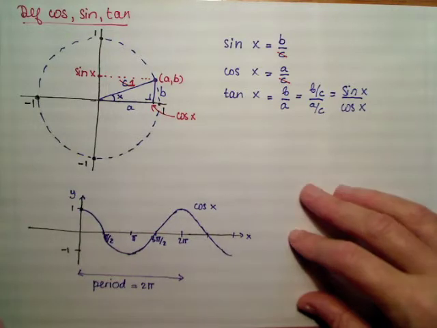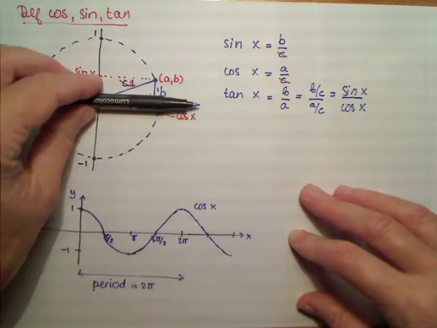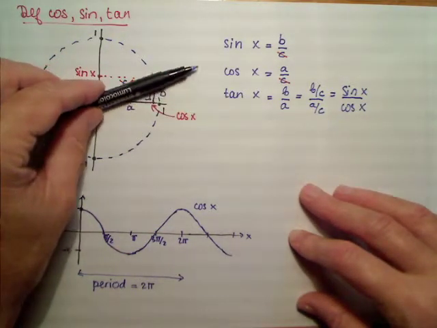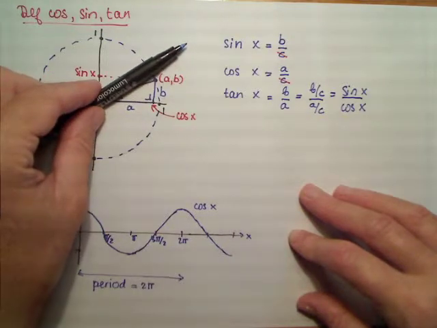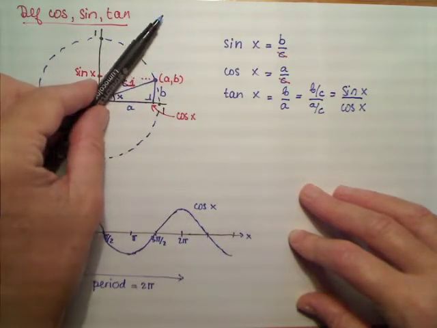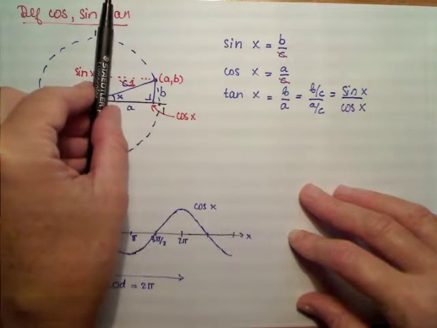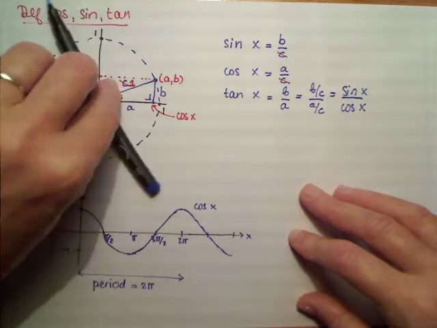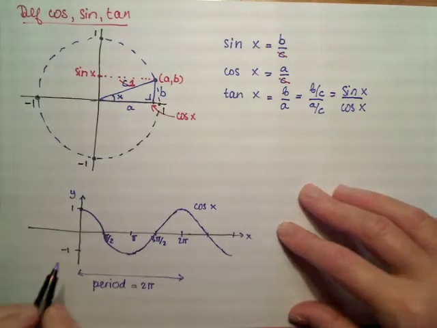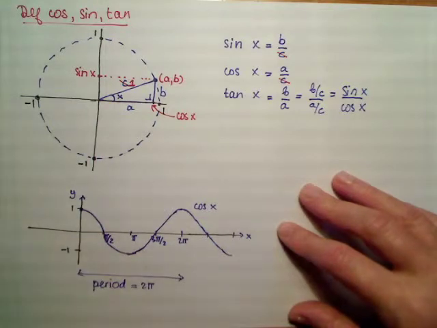What happens to sine? Well, if we move x around the circle, then the sine is the y-coordinate. So we start at 0. Let me take another color.